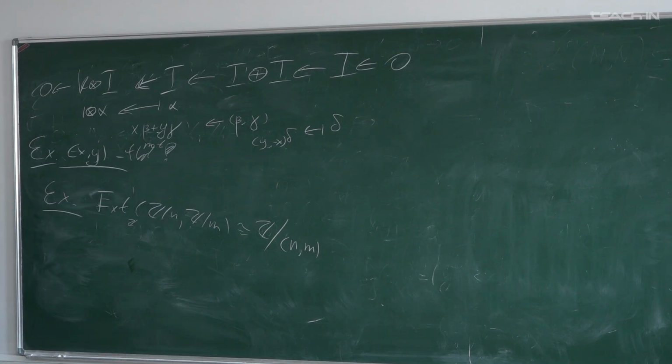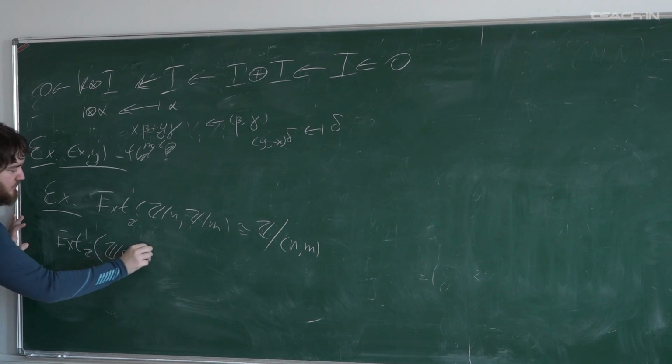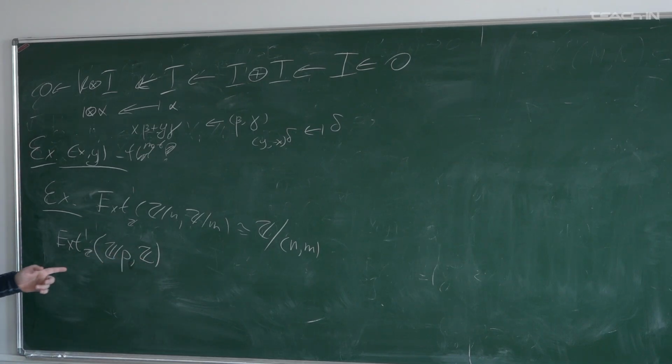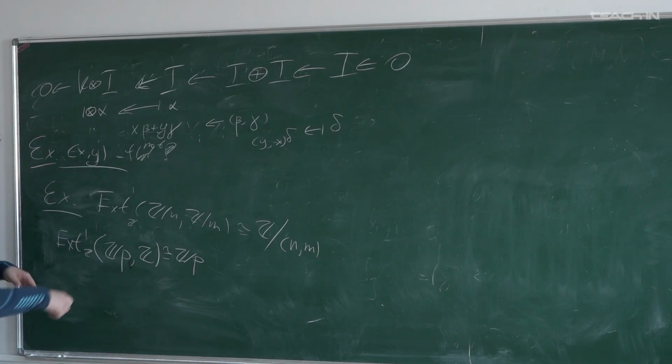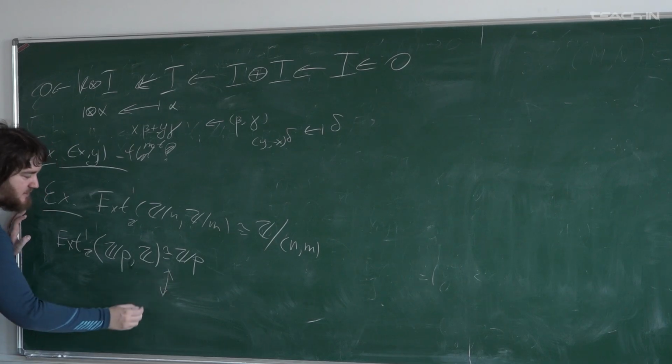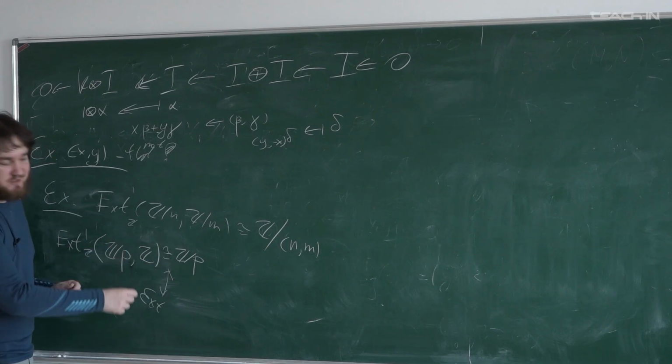Exercise. Just for example, Ext1 from Z P prime to Z. What is this? It's Z modulo P. It's Z modulo P. And so consider what extensions correspond to these elements.